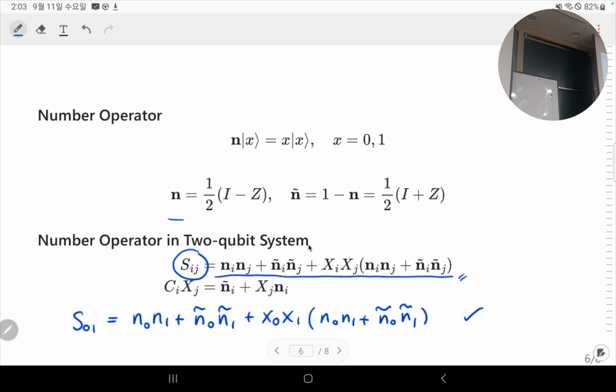If you want to write the swap gate as a linear combination of these operators, you need to understand what each operator is meant to do. So let's start from the meaning of this operator.